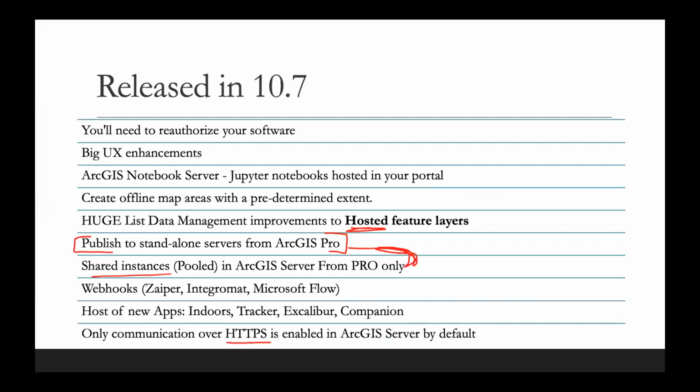Yeah, shared instances. If you have a layer that is not your base map, not your zoning layer that gets 100 hits a day, but something like truck routes that somebody looks up once every few months.